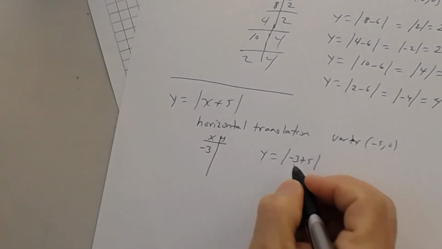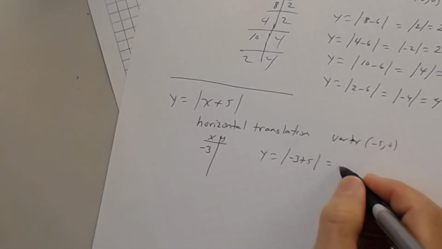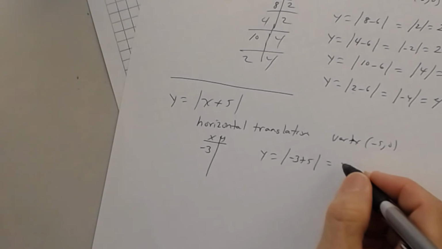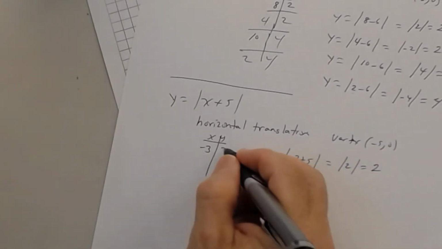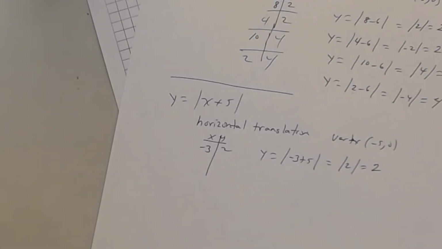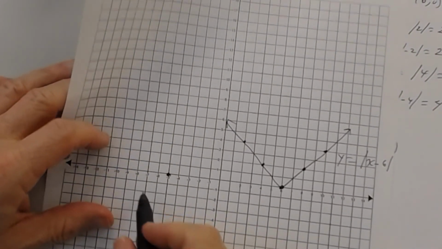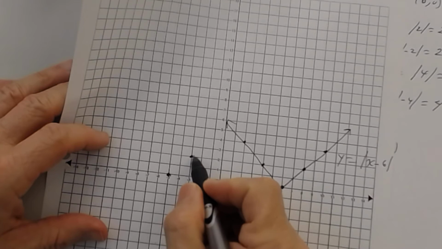What's negative 3 plus 5? 2. And what's the absolute value of 2? 2. So I'm going to plot the point negative 3, 2. So negative 3, 2 is here.